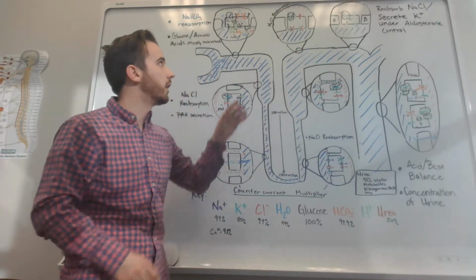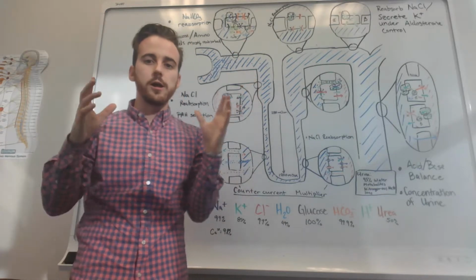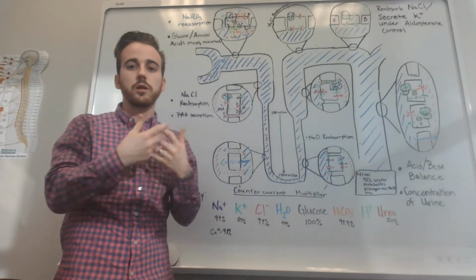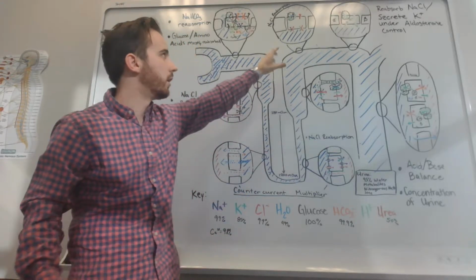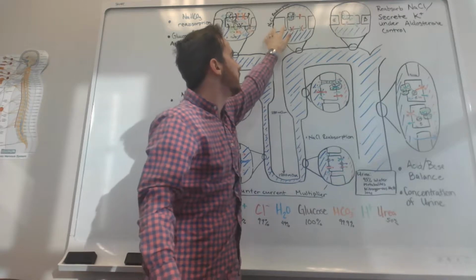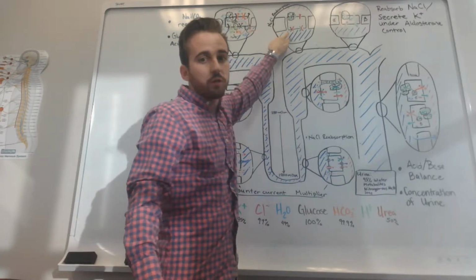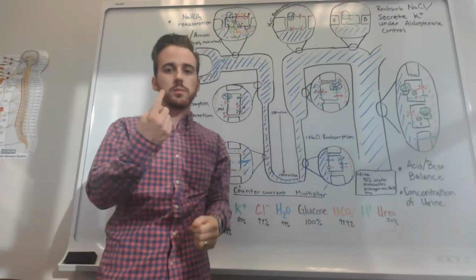So in this section, just like the proximal convoluted tubule, the sodium-potassium pump is going to create a sodium gradient that then drives the function of this cell. So what happens is sodium is going to want to move into the cell, right? Because we've moved the sodium out via the sodium-potassium pump.